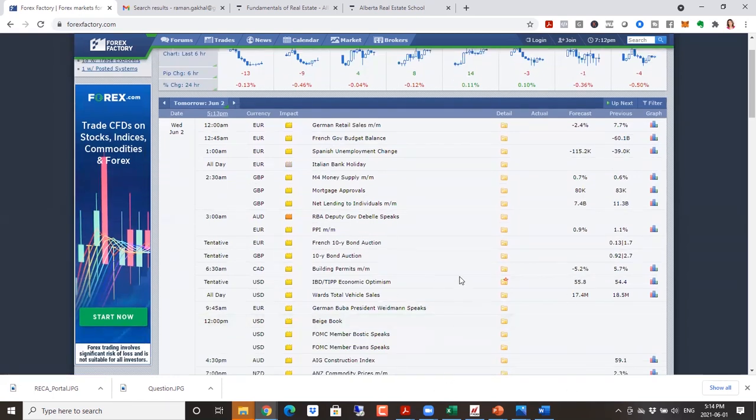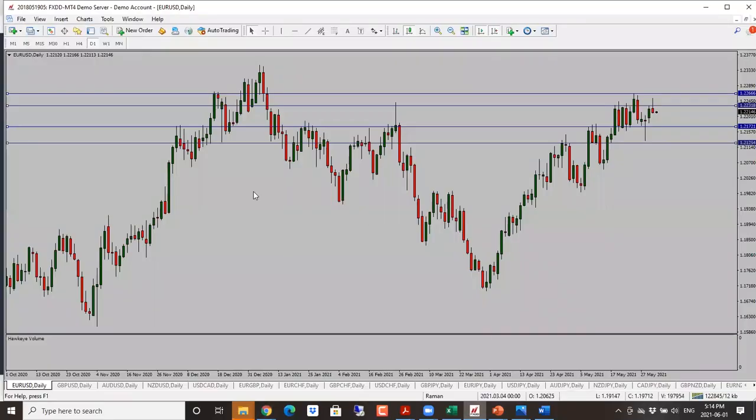Okay, all right, so let's go on to our charts here. We will start with euro dollar. Euro has a nice pin bar here for us. I do like pin bar, so bias here is bearish. So looking for a bit of a pullback here and then a drop. In this case, potential pullback into the 1.2230 level, and then looking for a drop towards 1.2170.